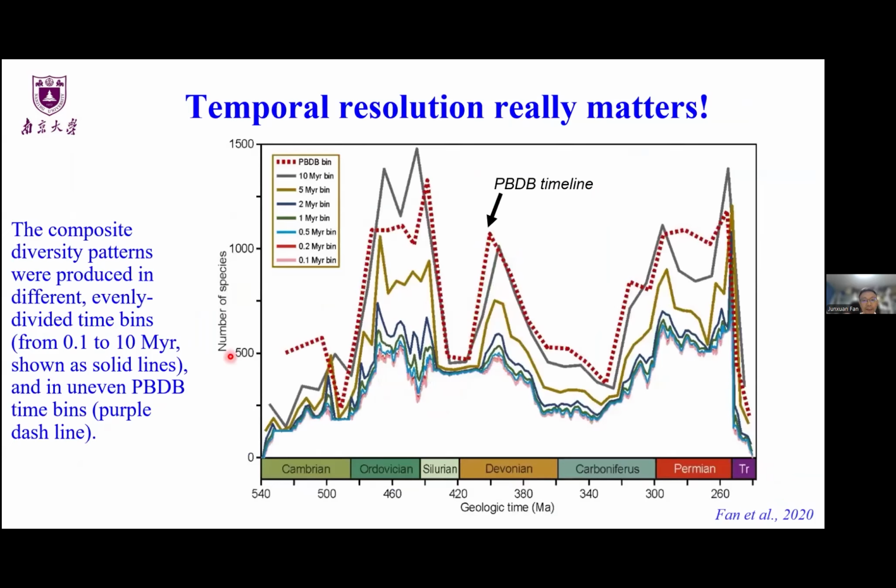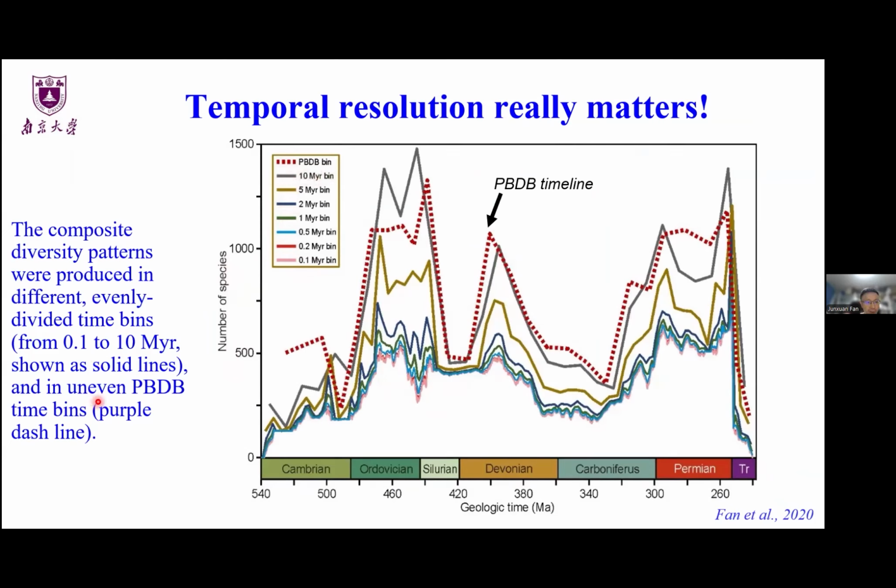Because we have the high resolution for our curve, we can try to decrease it to different temporal resolutions, for example, 0.1 million year, 1 million year, 2 million year, 5 million year, 10 million year bins, and also the PBDB time bins.